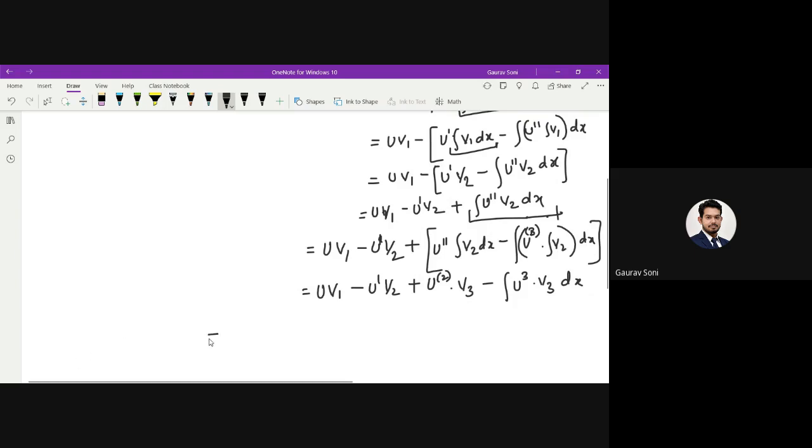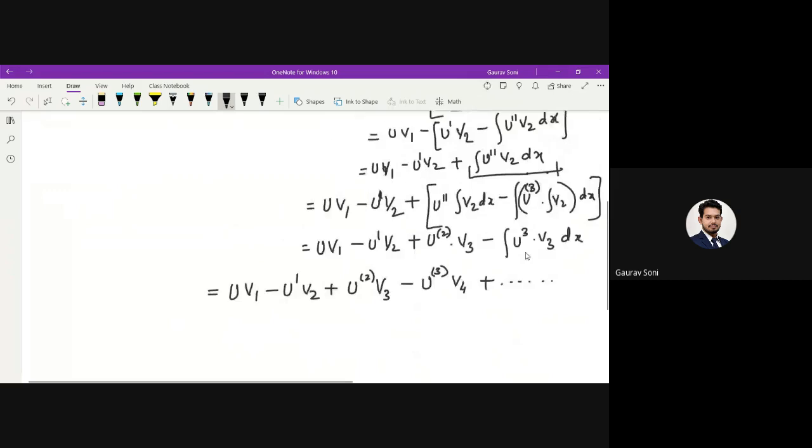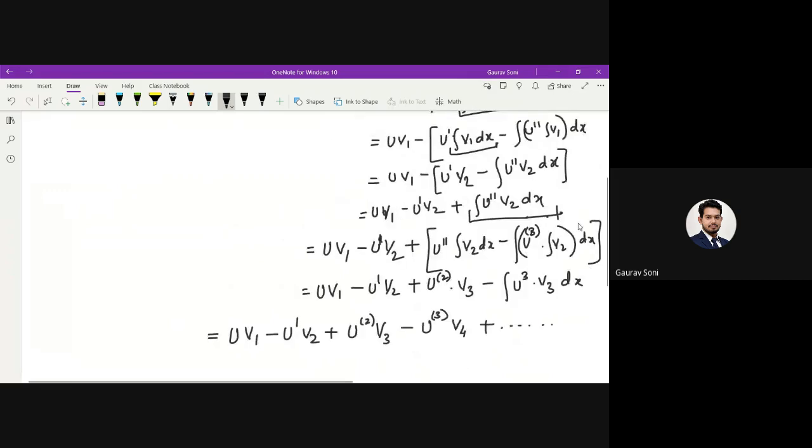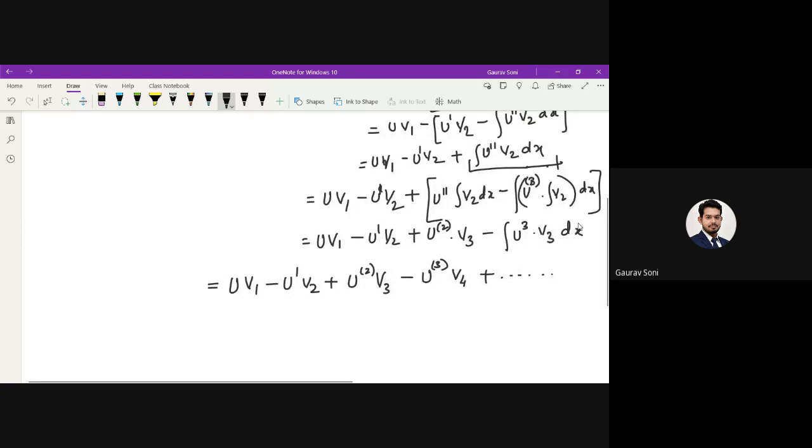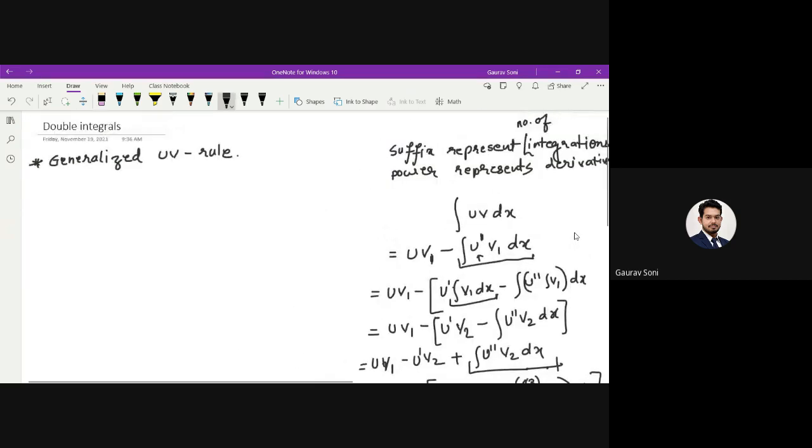What will be the final formula if I go on doing this? U v1 minus u1 v2 plus u2 v3 minus u3 v4 plus and so on. We are not doing anything new here, we are just generalizing. Whenever I come to an example where I have to apply the UV rule twice or thrice, I will directly use this formula.